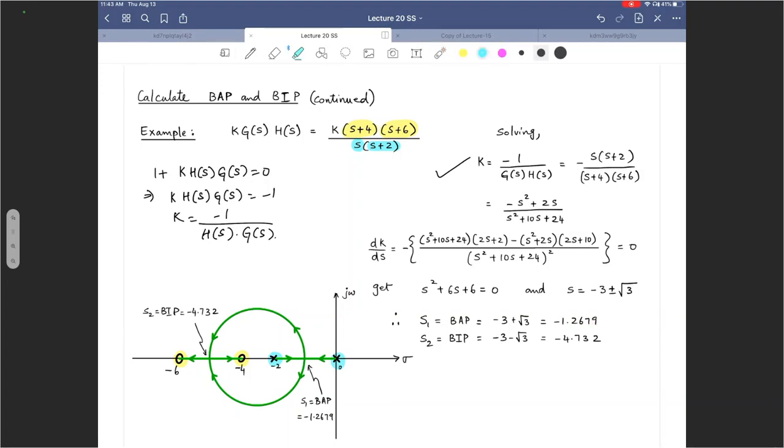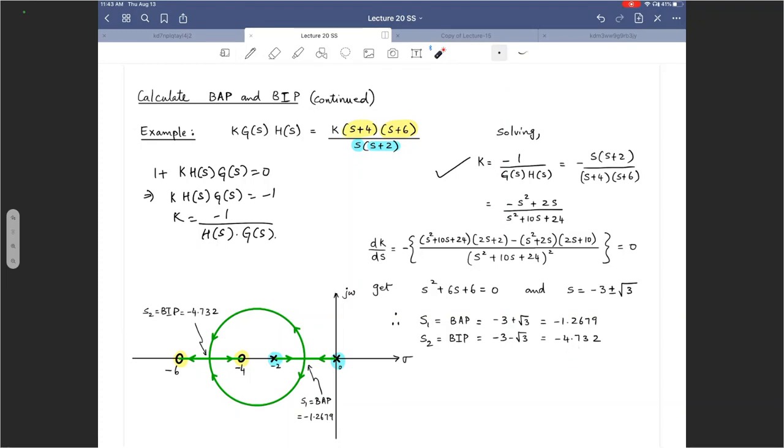What do I mean by that? If you get a quadratic, you will get two roots of s, negative 3 plus or minus square root 3. So I've got one value between 0 and negative 2, the other value between negative 4 and negative 6.